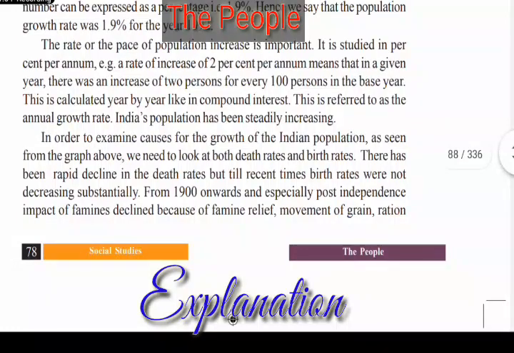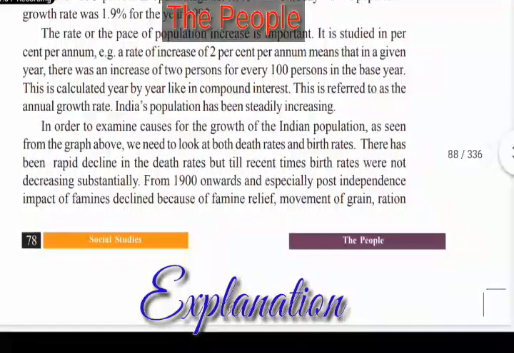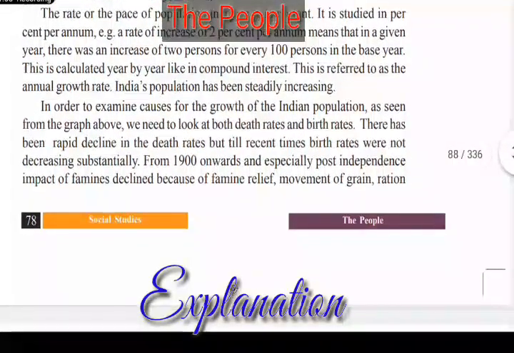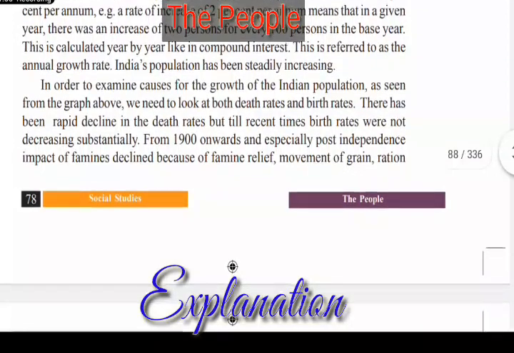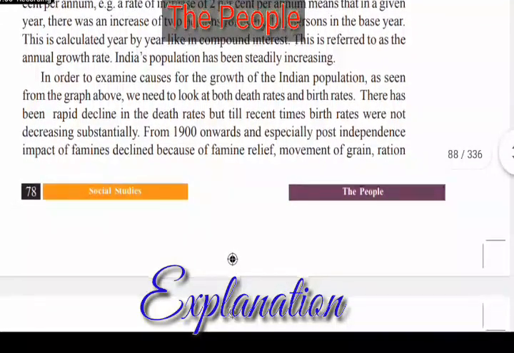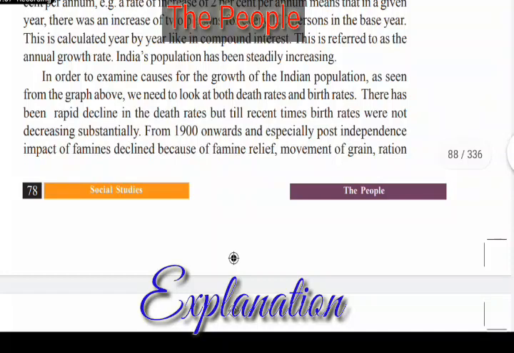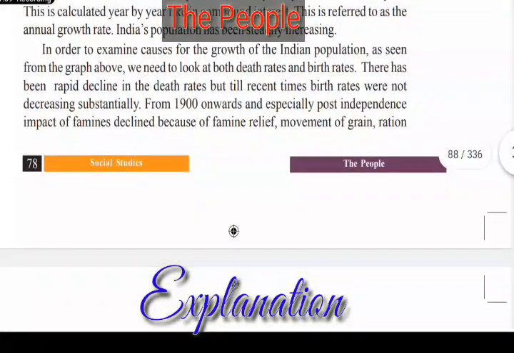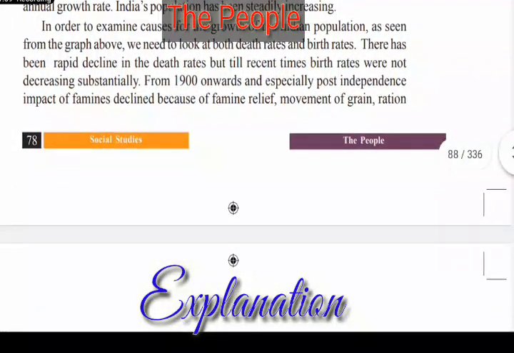Since there are no migrants, we take these rates, and if the birth rate is higher than the death rate, then there is an increase in the population. But if the birth rate is lower than the death rate, then though there is growth in population, it is still reduced by the death rate.